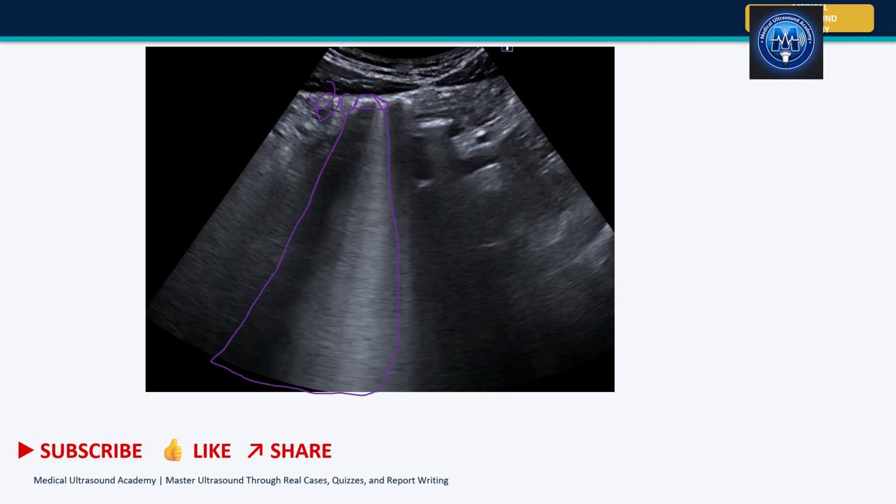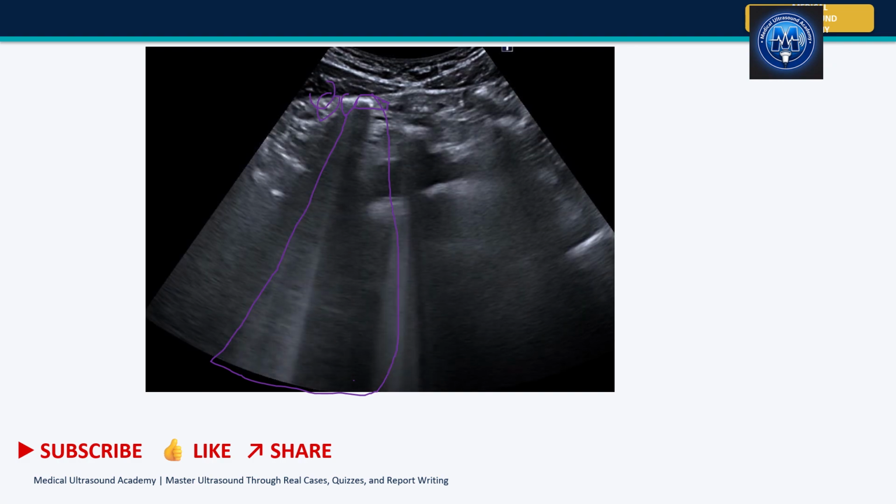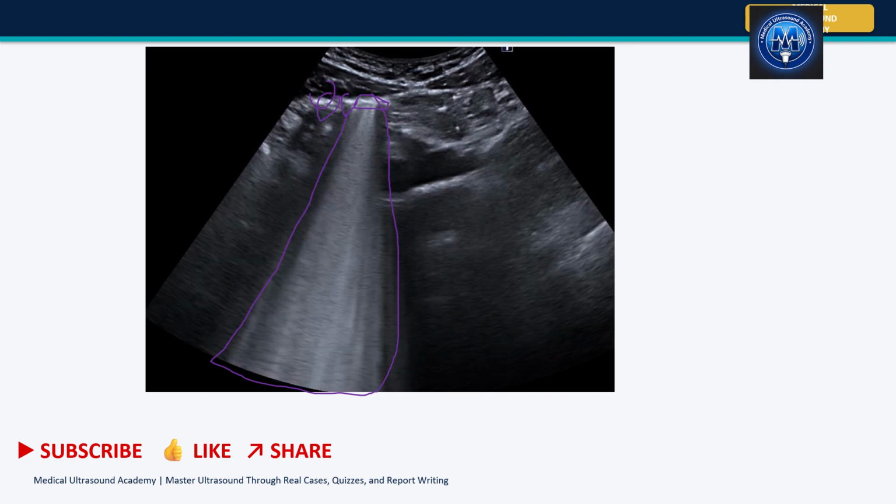At times gas can also appear as a reverberation or parallel lines. I will show you in another presentation how a reverberation artifact appears on ultrasound. So here you have appreciated what a comet-tail looks like. This is the comet-tail artifact.